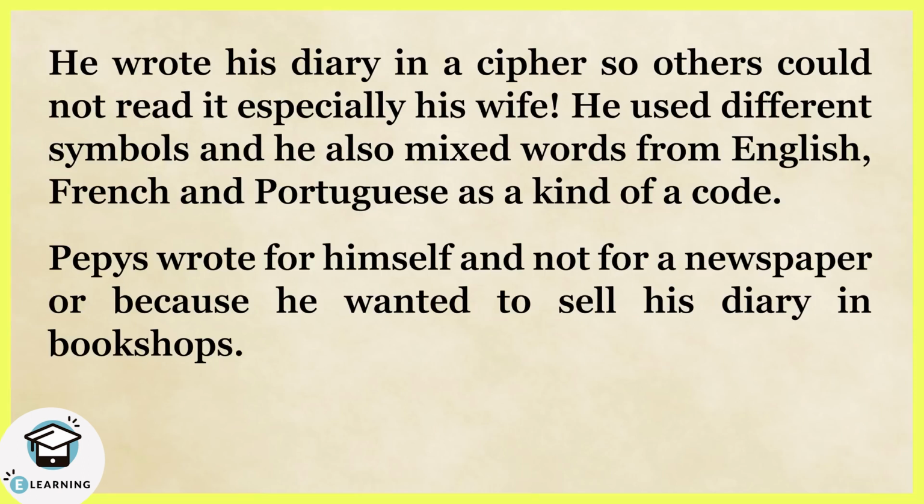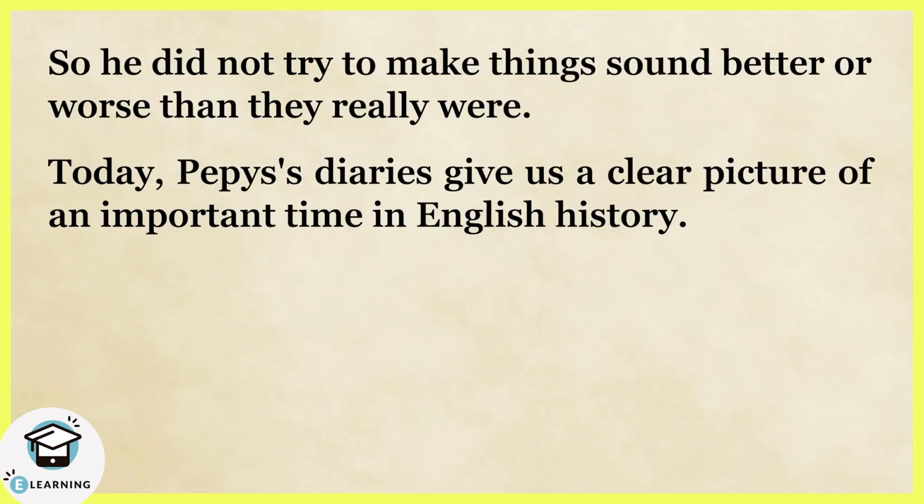Pepys wrote for himself and not for a newspaper or because he wanted to sell his diary in bookshops. So he did not try to make things sound better or worse than they really were. Today, Pepys' diaries give us a clear picture of an important time in English history.